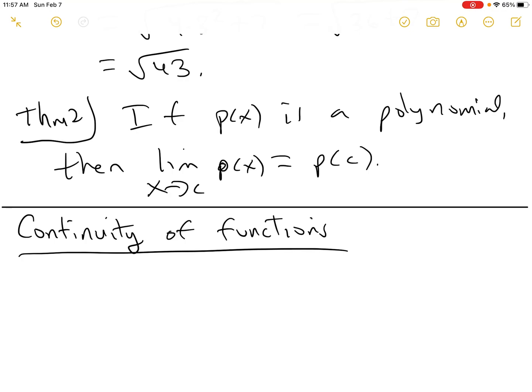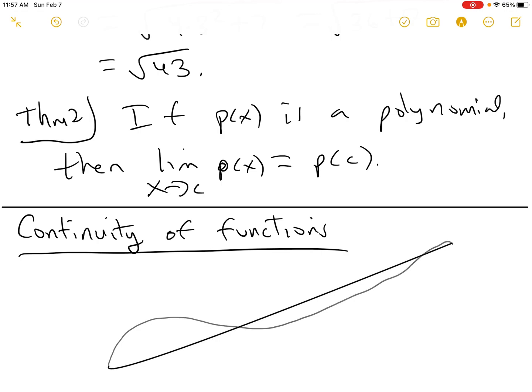So continuity of a function basically means that as the function is going through its life, your pencil never leaves the board. If you went like that and then picked up your pencil, and it restarted down here, you'd see a big discontinuity here.